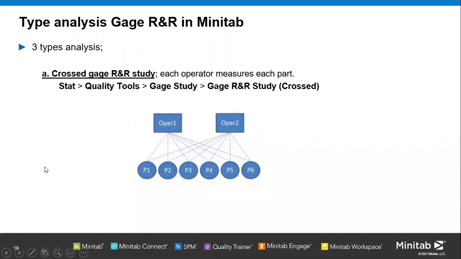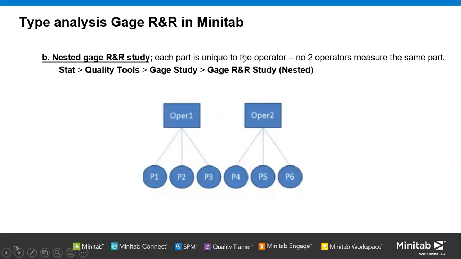The first, which I think almost all of us use, is what we call crossed. Crossed is where each operator measures each part, so all the operators measure all the parts. If each operator is unique, and no two operators measure the same part, so this operator measures part 1 up to part 3 only, the second operator maybe measures part 4 up to part 6, we call this nested.